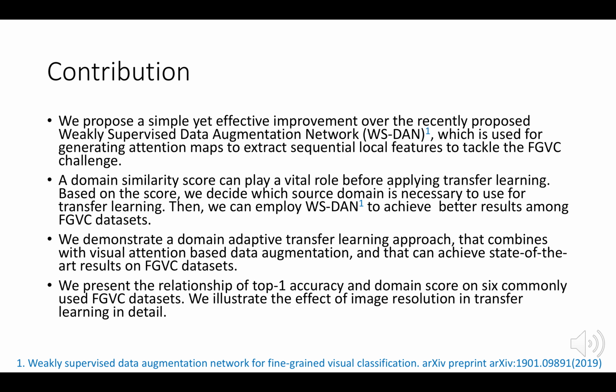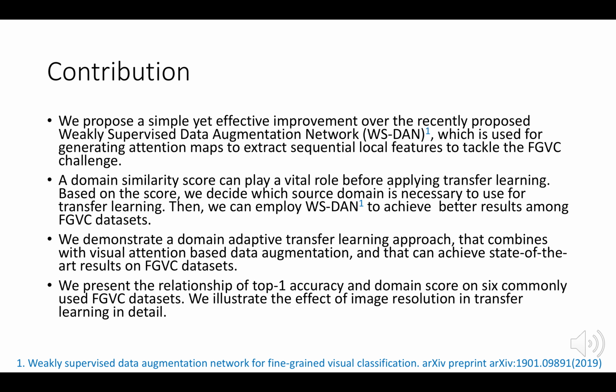So our main contribution in this poster is we propose a simple yet effective improvement of the recently proposed baseline method WSDAN, which has been used for generating attention maps to extract sequential local features to tackle the FGVC challenge.